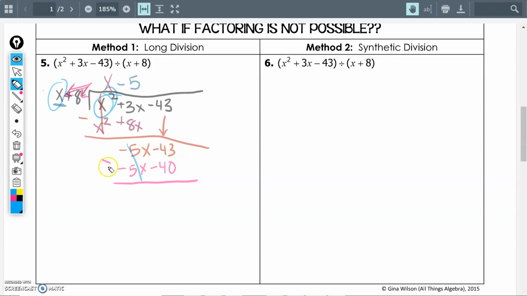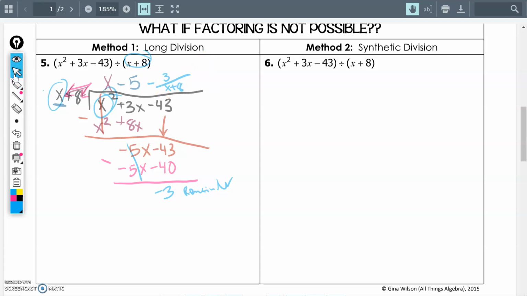Then we have negative 43 minus negative 40, which is like adding 40, makes it a negative 3, and that is your remainder. So the way we write our final answer is x minus 5, and then we have a remainder of negative 3, but we write that as a fraction over the x plus 8.